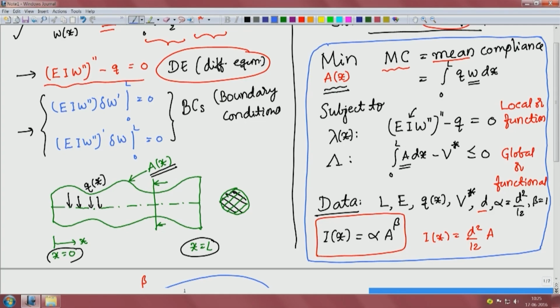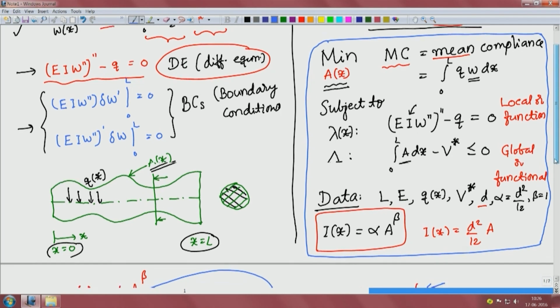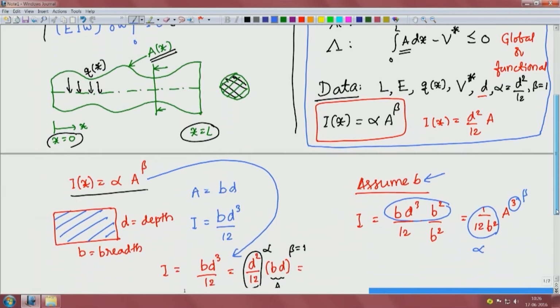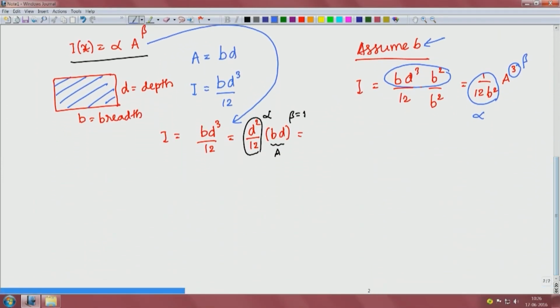Again I want to remind you that we had done this for bars, now we are doing it for beams. Now, the first step that we do when we solve an optimization problem is to write the Lagrangian. So, in the Lagrangian here we have the mean compliance, which is the objective function, integral 0 to L q w dx, and then we have two constraints.